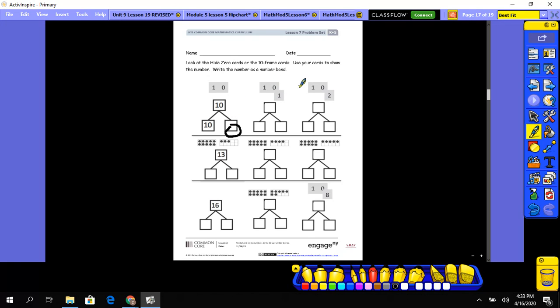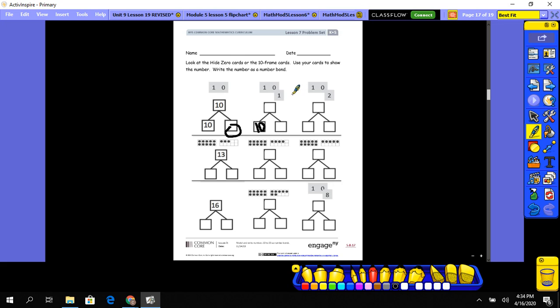Look at the next set of hide zero cards. I see 10, 1. Are these the parts or the whole amount? These are the parts. So what is one part? 10. When I'm making a number bond for a teenage number, my one part is always going to be 10. Now I have to look at the leftovers.